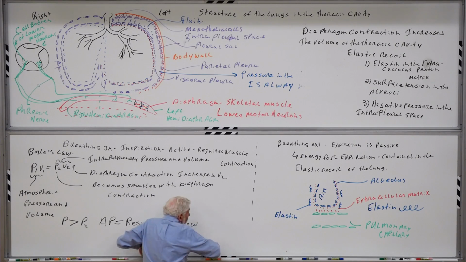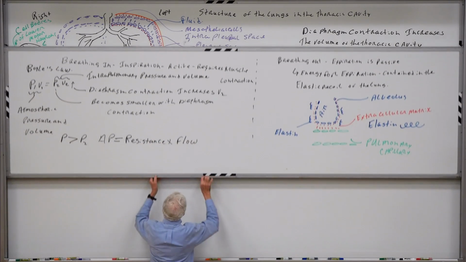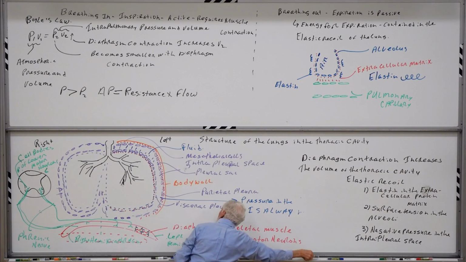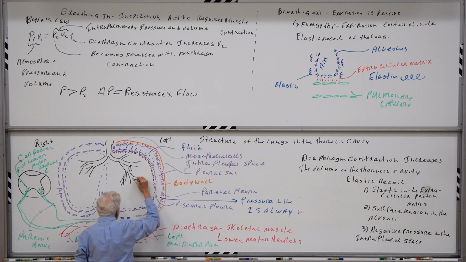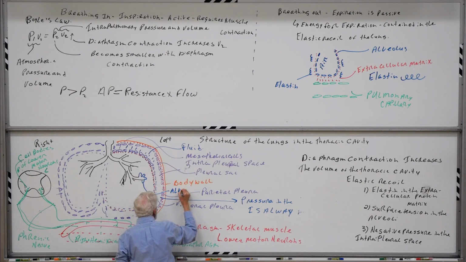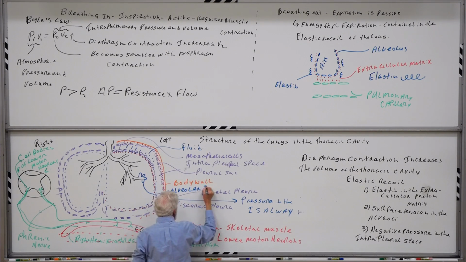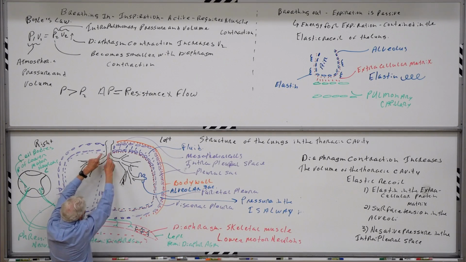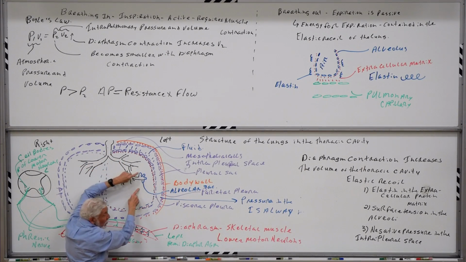If we go back to the upper panel, and I'll put down at the base of one of these alveolar sacs. This is an alveolar sac. And yesterday's discussion was how we moved air in and out. It was the idea that air came in through the conducting region and came down to the alveolar sac, the alveolus, where we had gas exchange.